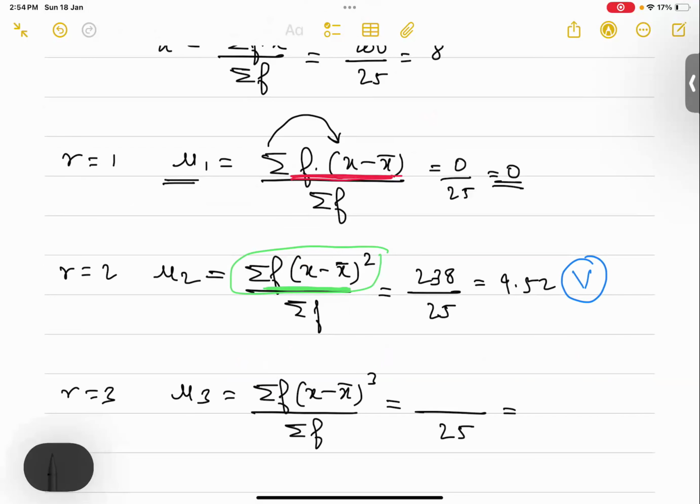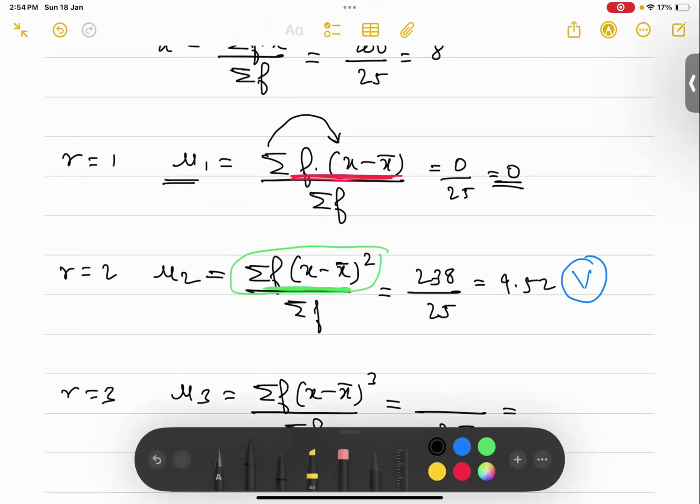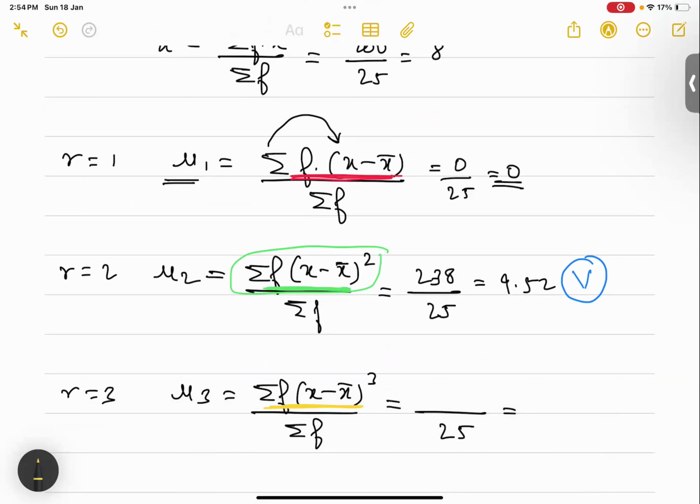To get it, we multiply f into (x minus x bar) the whole square, the blue colored column, into this particular column, x minus x bar, because (x minus x bar) into (x minus x bar) the whole square will be the whole cube. So just multiply these two columns.